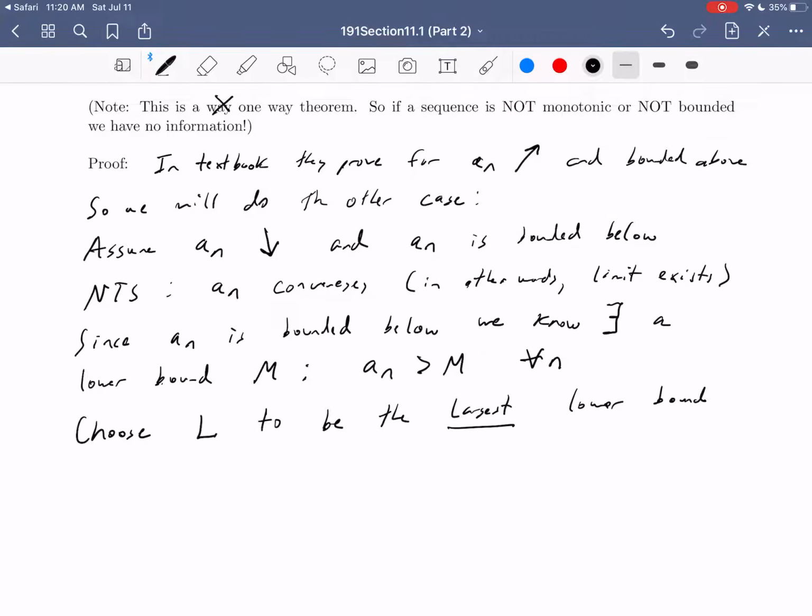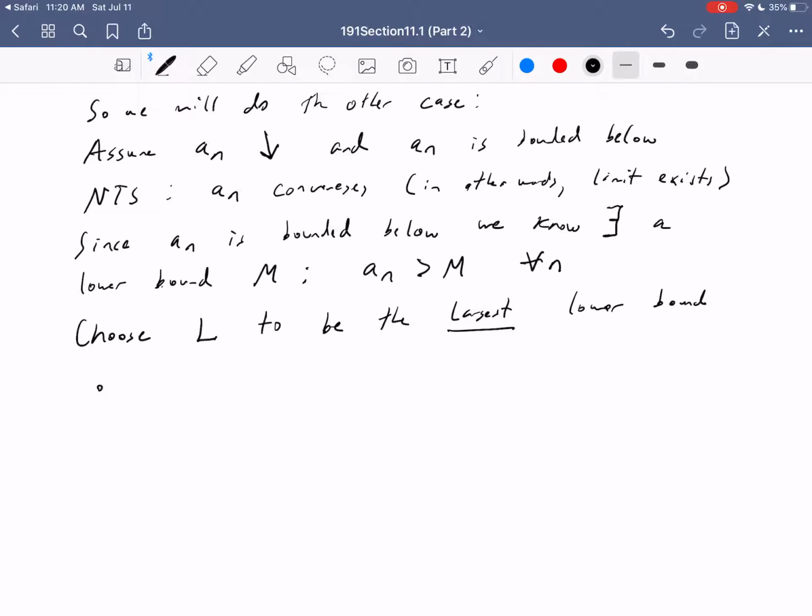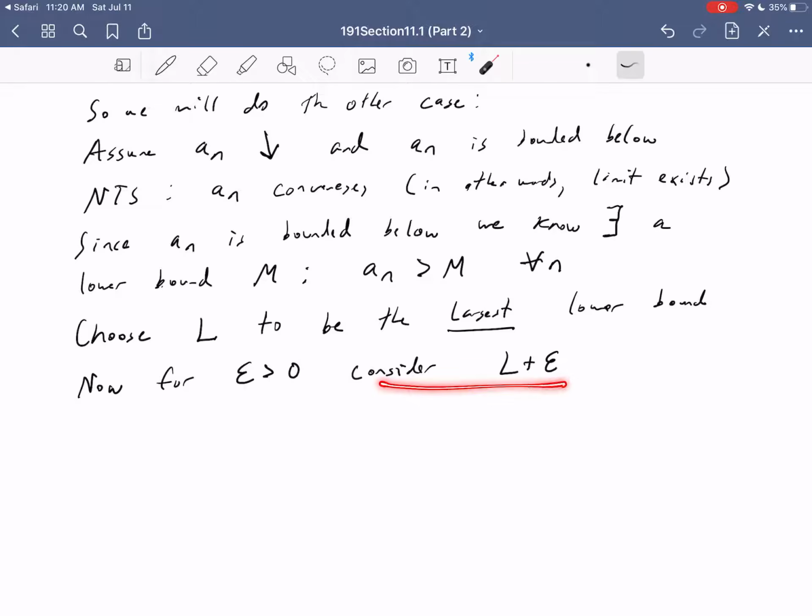Okay, so now for epsilon greater than 0, consider L plus epsilon. That's standard limit stuff. We just want something that's very small, infinitesimally small and positive.